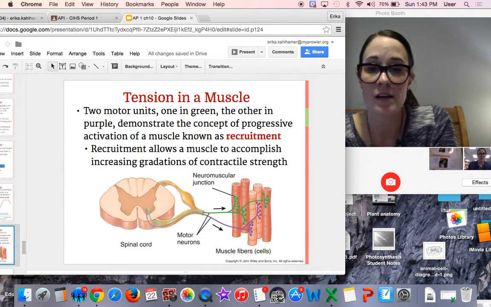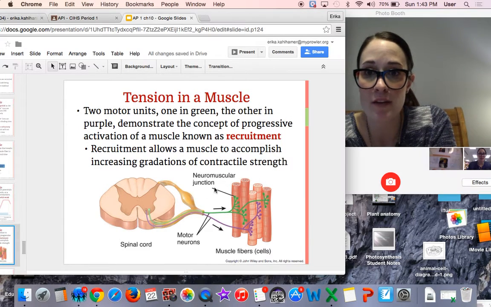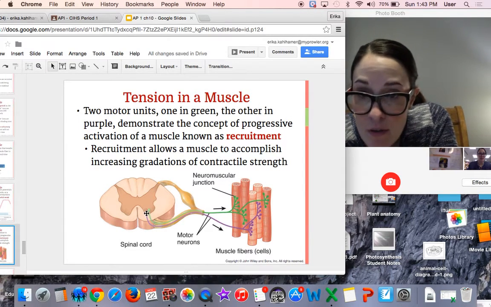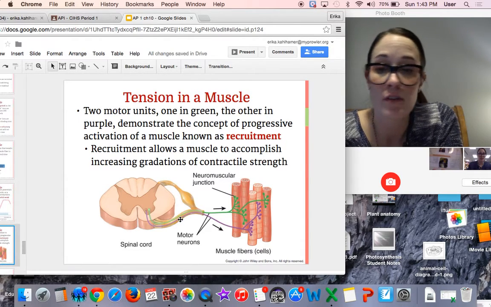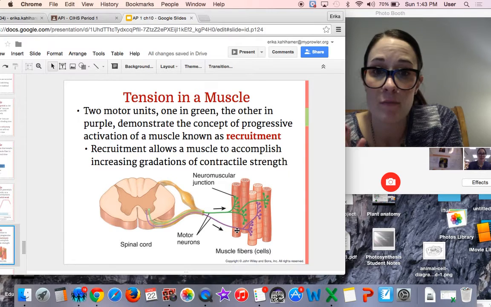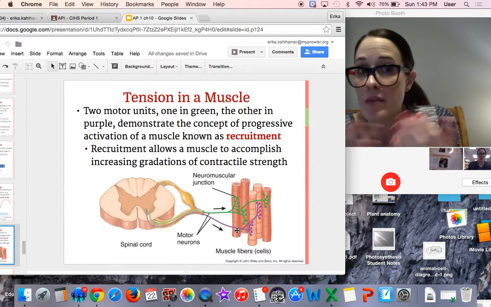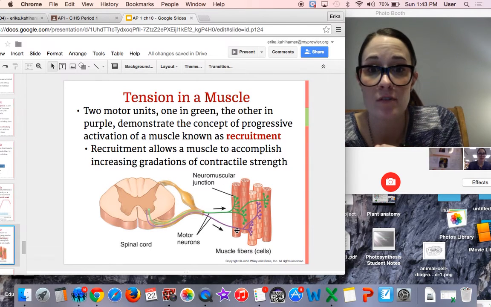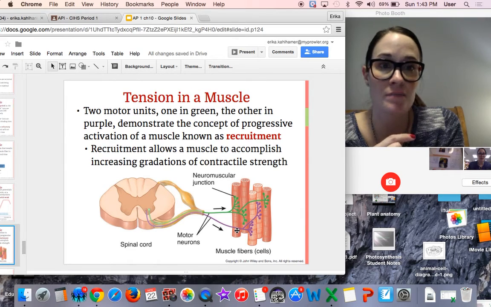This is a cross-section of your spinal cord. It looks like a butterfly, right? In green, we see one motor unit, so coming from the spinal cord, attaching to multiple muscle fibers. In the purple, we see another motor unit, okay? This is an example of recruitment, okay? Maybe the green motor unit is recruited first to a particular activity.